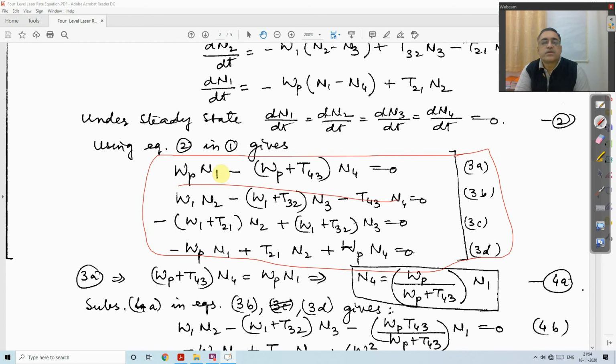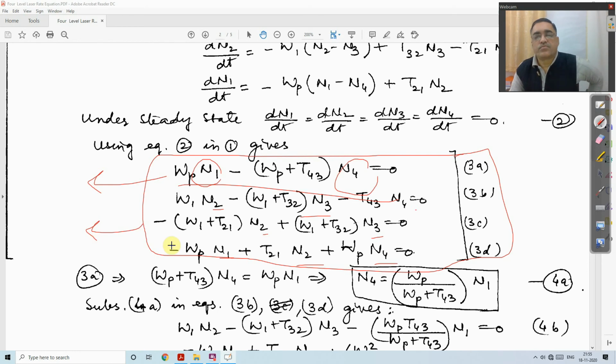From here we can easily find the relation between N4 and N1, and a relation between N3 and N2 can be obtained very easily.